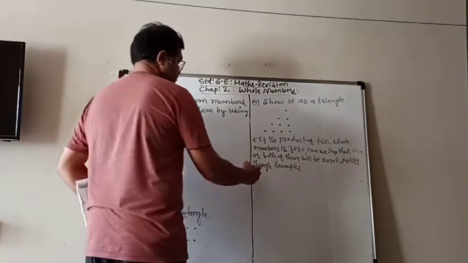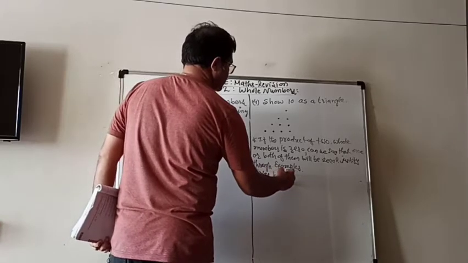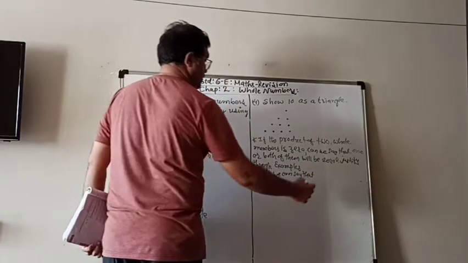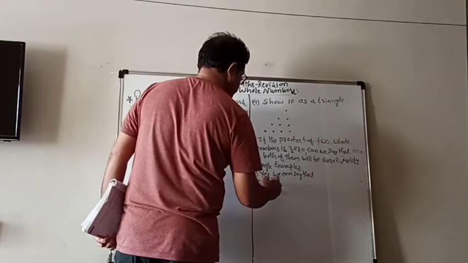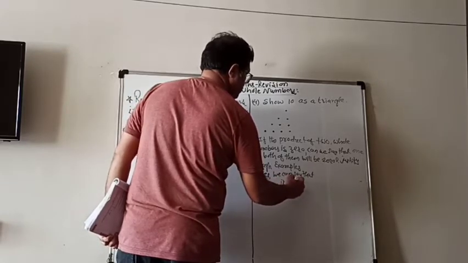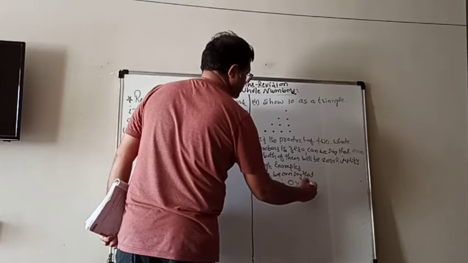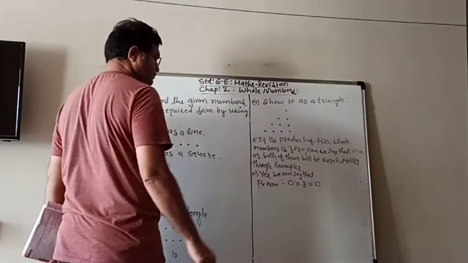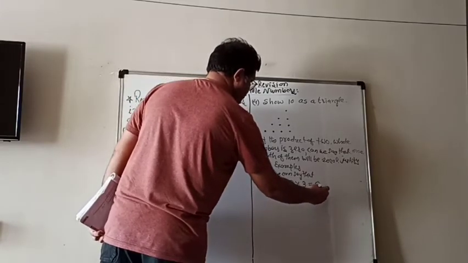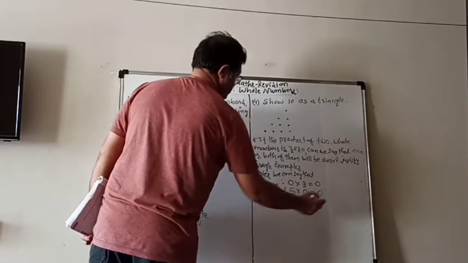So we can say that yes, we can say that, for example, 0 multiplied by 3 is also 0, and 5 multiplied by 0 is also 0, or 0 multiplied by 0 is also 0.